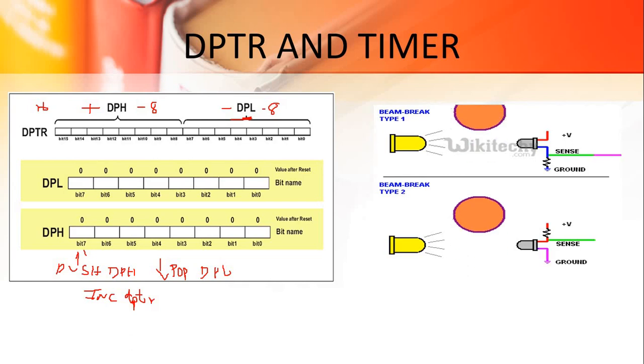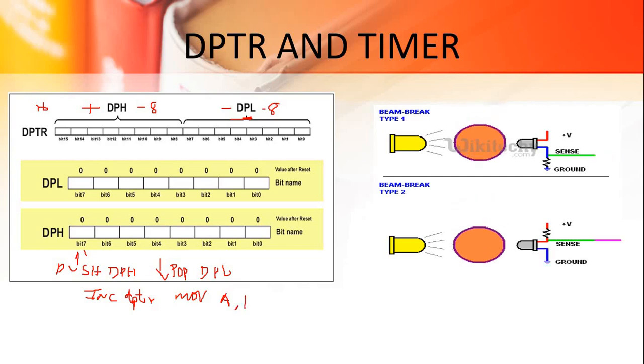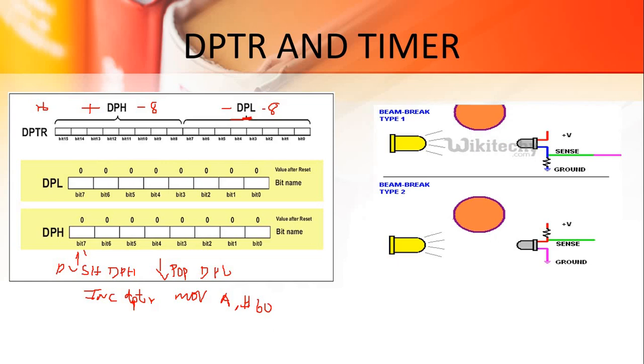And we can also use the data pointer in various instructions. If I have an instruction MOV A, #60, next I am going to move this accumulator data to the data pointer.